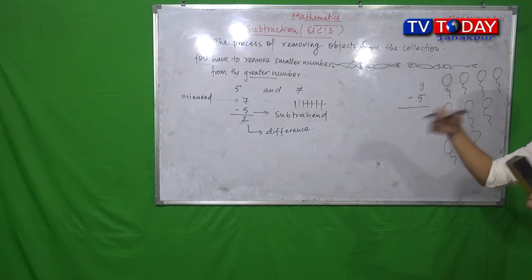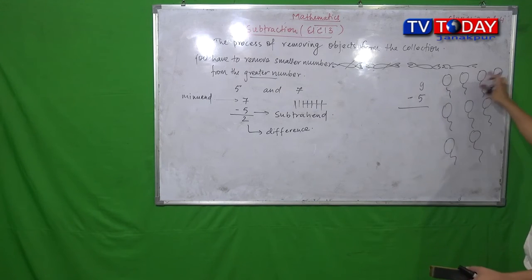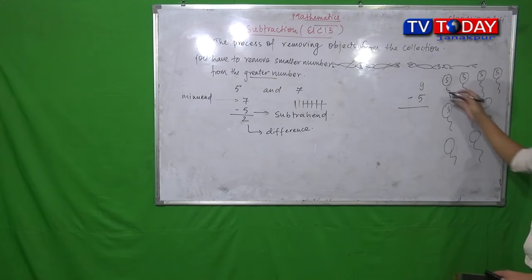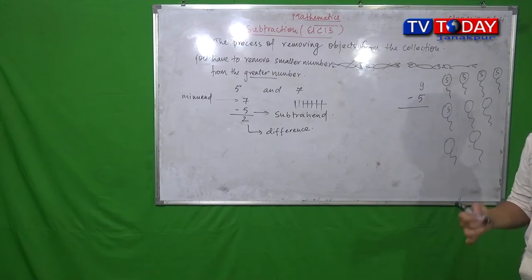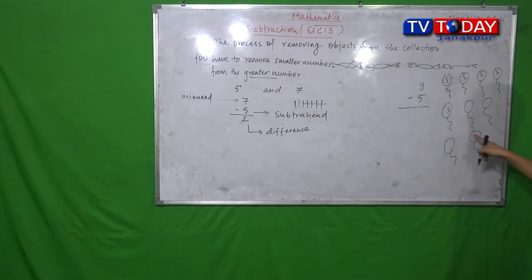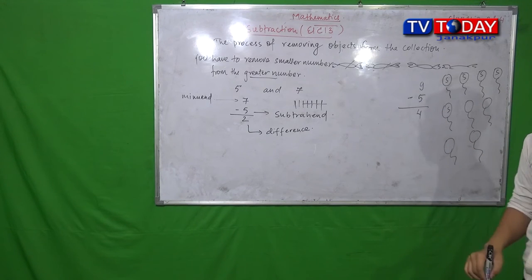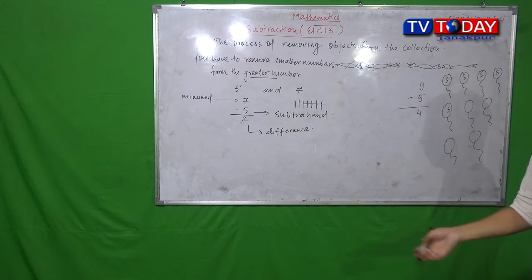You have given 5 to your sister. 1, 2, 3, 4, 5. You have given this 5 to your sister. How much you have left? 1, 2, 3, 4. So you have left 4 balloons with you. Understand?